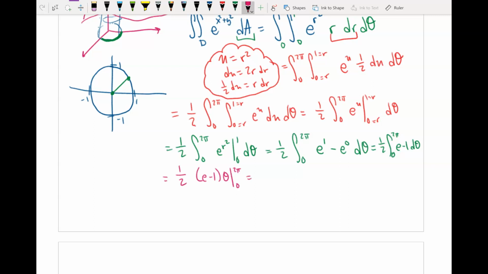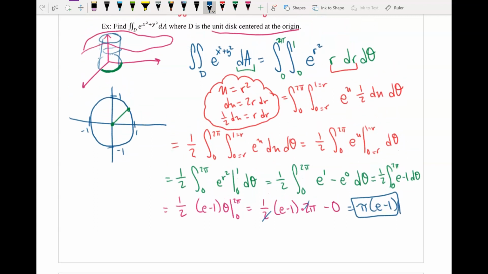All I really have to do is plug in 2 pi. So you'll have 1/2 times e minus 1 times 2 pi, because the other stuff is just going to go to 0. You can see that the 2's will cancel out, and you're left with pi times e minus 1. So this will be the volume of this region.